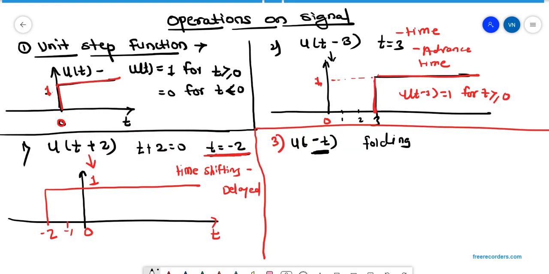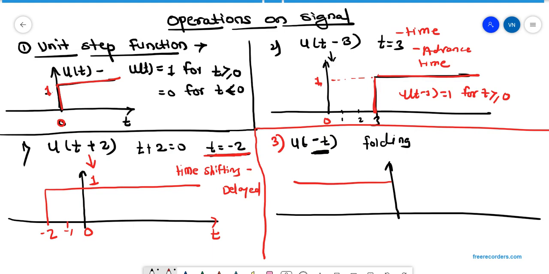Folding is nothing but folding the signal. Whatever the original signal is, starting from 0 to whatever the last value, I have to fold that signal. Fold means just reverse that signal. The time will reverse, but the amplitude stays the same, that is, 1. If you compare both signals, I have just taken the mirror image, the folding image, of u of minus t.